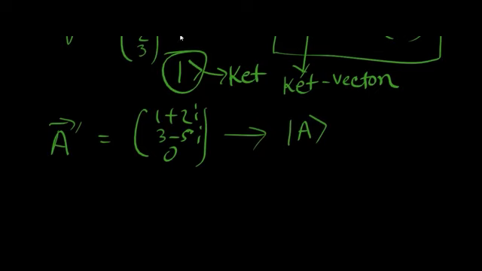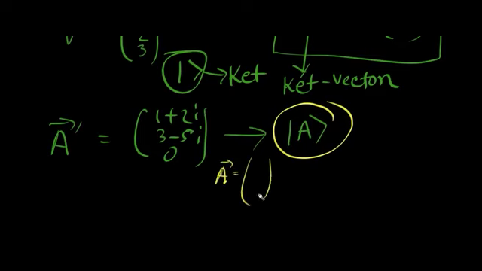This notation, this greater than sign, represents that this is a vector and it's called a ket vector. So anytime you see a column matrix like this, you can think of it as a ket vector.